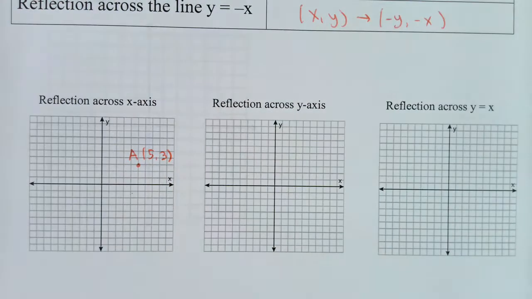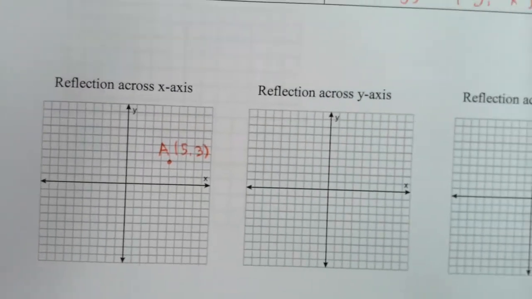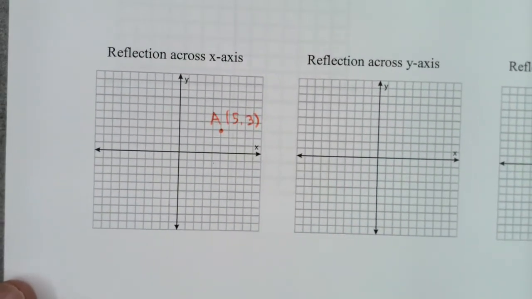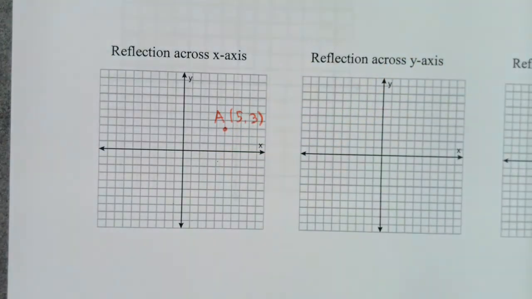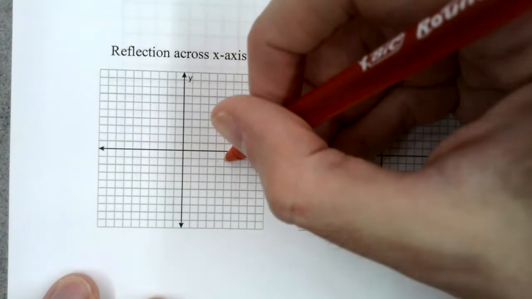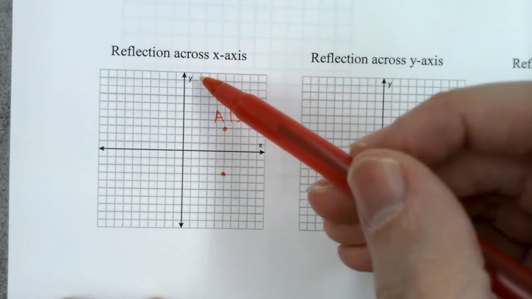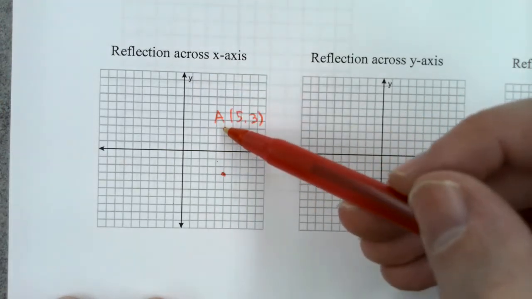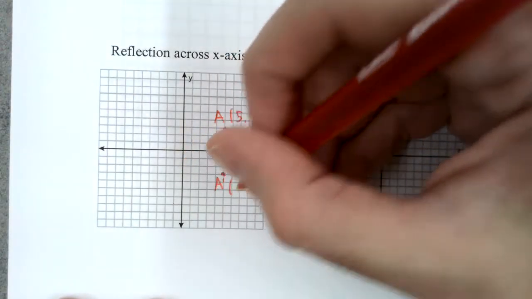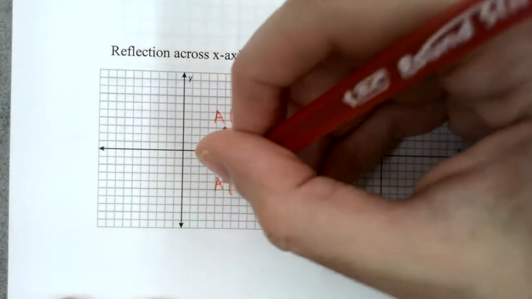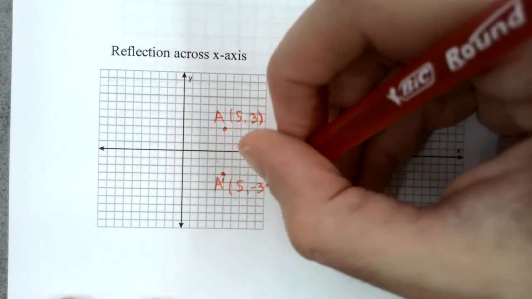If I reflect point A across the x-axis, that brings me down here. If A is 3 above the x-axis, then A prime is 3 below it. Look at the coordinates of A prime. It's still 5, but now the y is negative 3.